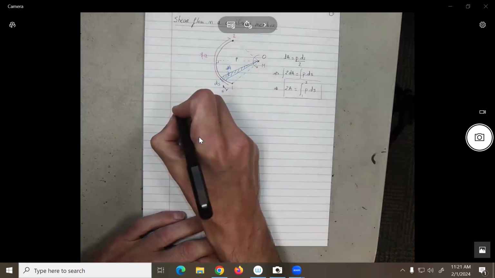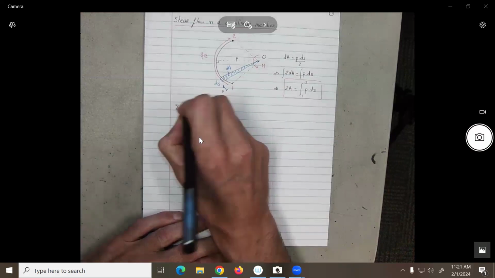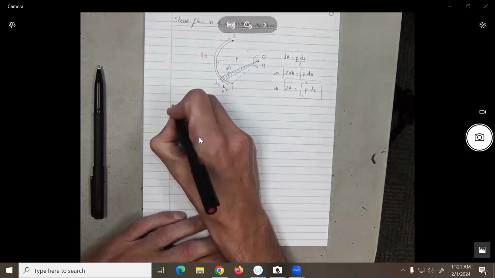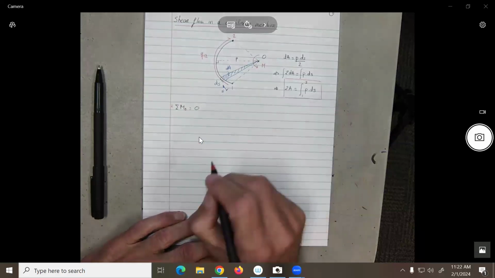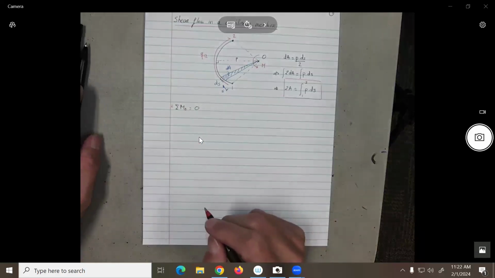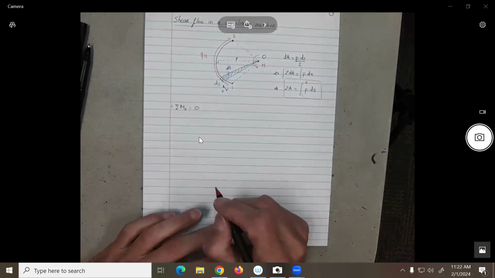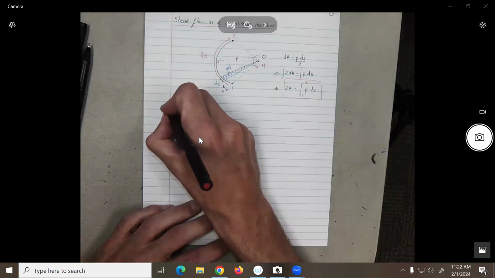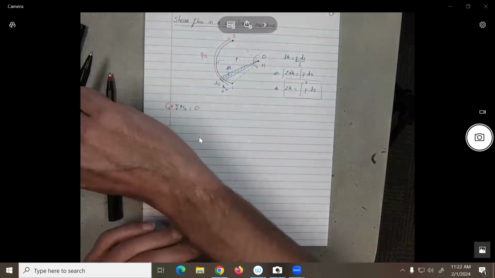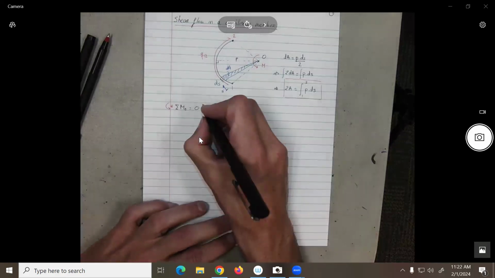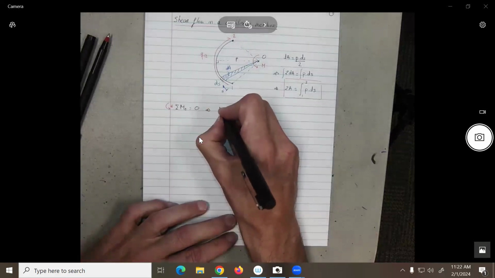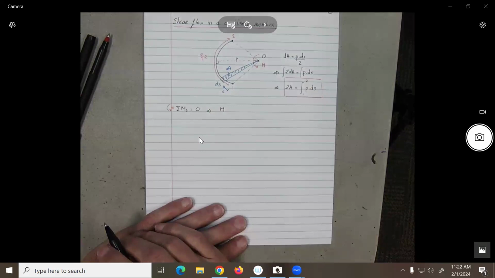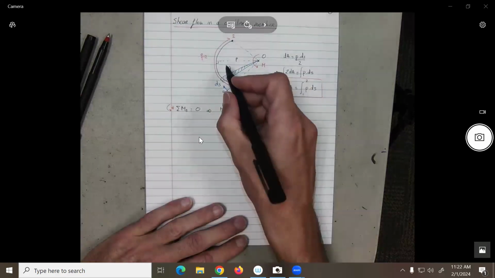So if we take moments about point O, doesn't matter how we do it, but let's say counterclockwise. Let's see, this will give you what? Moment M, which is this here about point O. Then what will be the moment created by the shear flow?